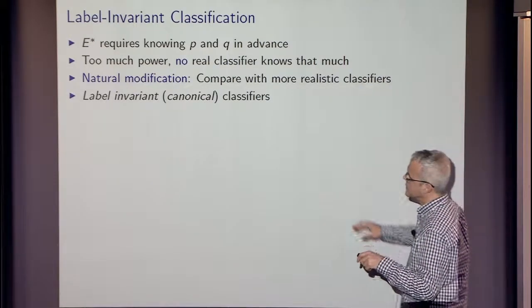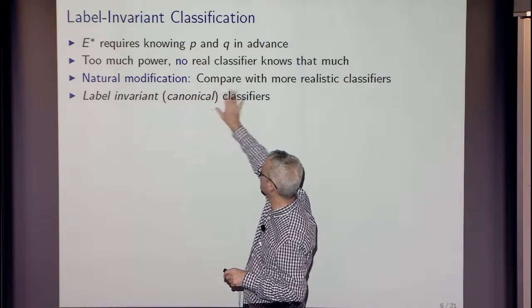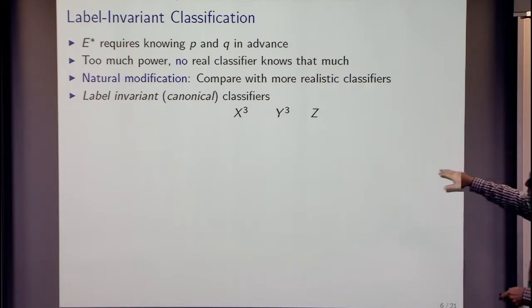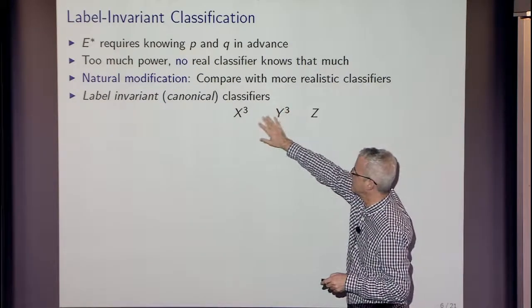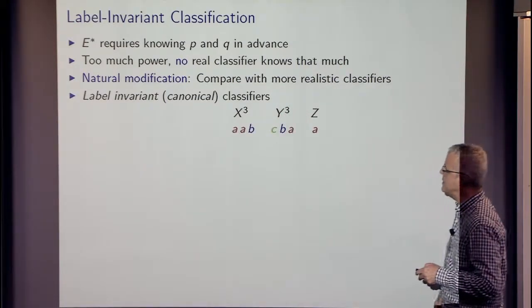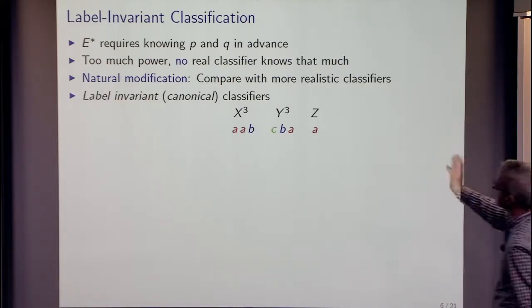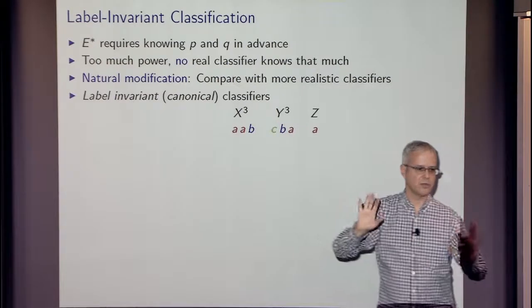These classifiers are called label invariant, also called canonical classifiers. To see what they are, let's look at an example. Again, three training samples for X and Y and then Z. Suppose the training samples are A A B and C B A, and the test is A. We'll classify it someplace, wherever it is.